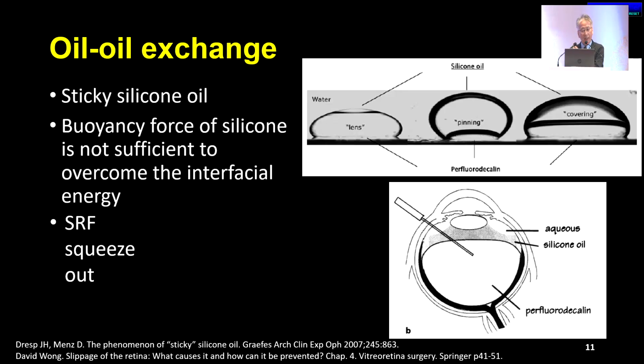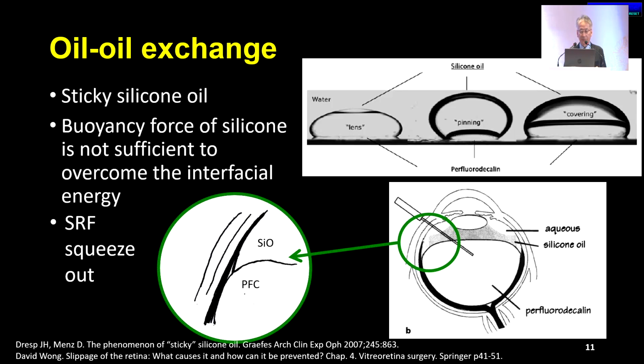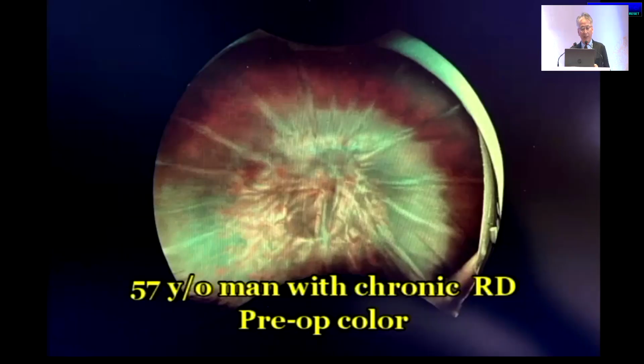So we have this case as I showed. But in other words, we can use this to squeeze out the subretinal fluid. When you have an oil-oil exchange, with silicone oil coming in and contacting the perfluorocarbon, they form a very smooth surface that can squeeze out the subretinal fluid, making slippage less likely.